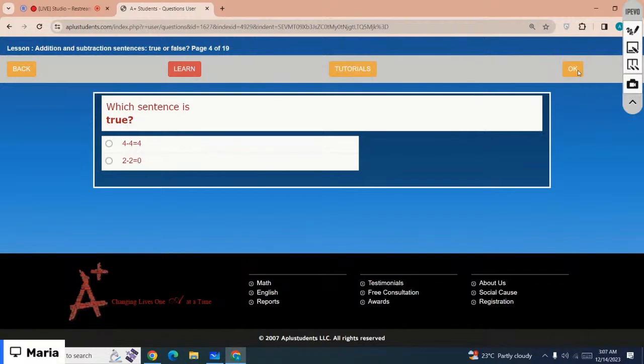Yes, the correct option is the second one. 2 take away 2 equals 0 is the correct option.